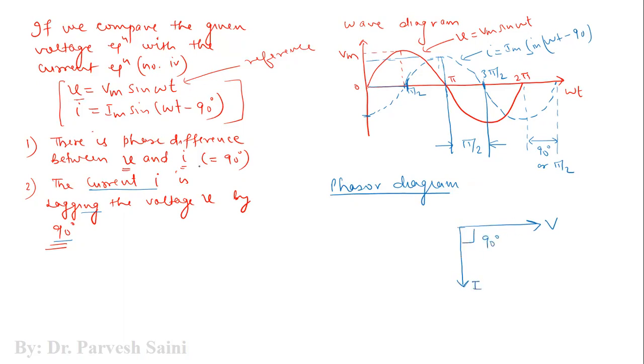So either we can say that the current I is lagging the voltage V by 90 degrees, or we can say the voltage V is leading I by 90 degrees. Both statements are true. So the phasor diagram can be this one or it can be this one.